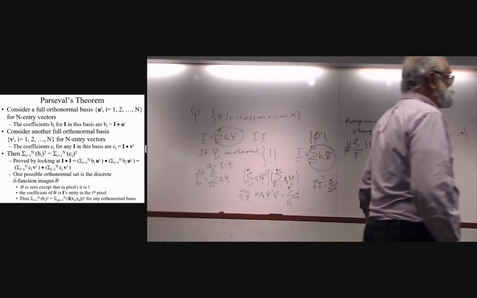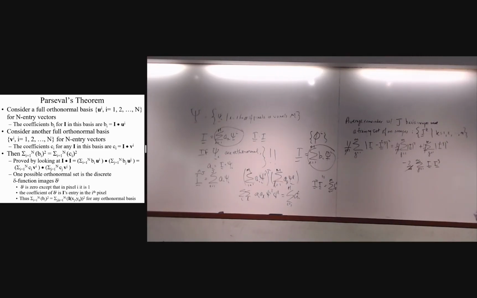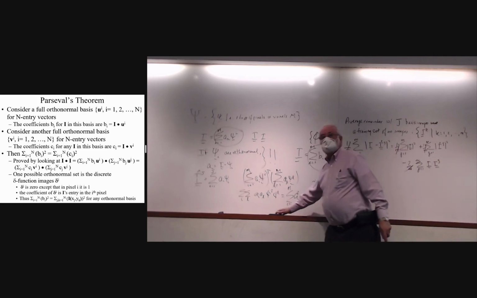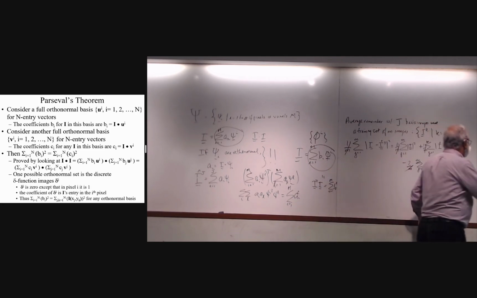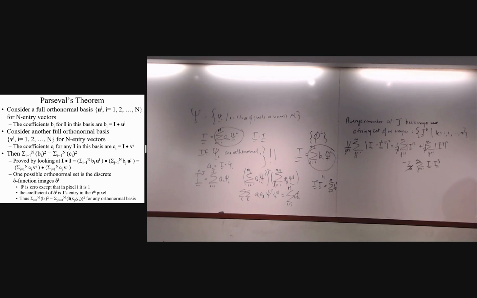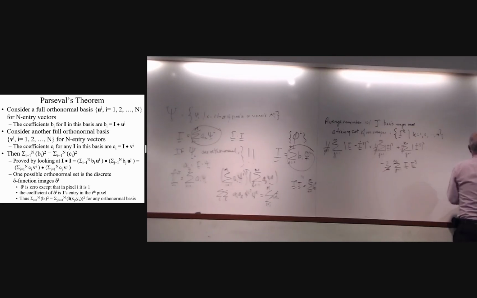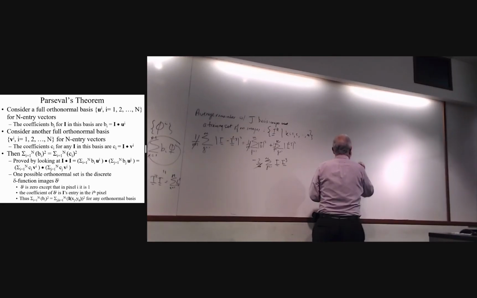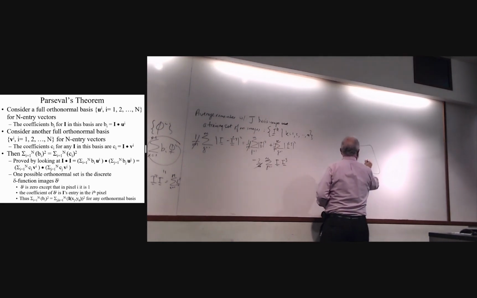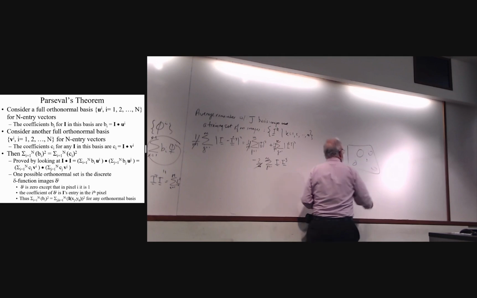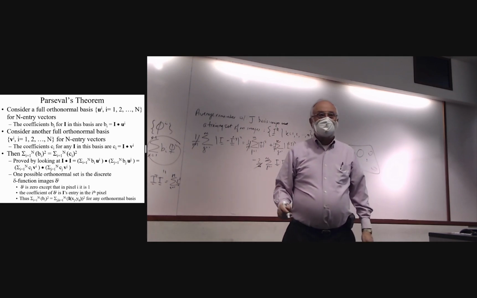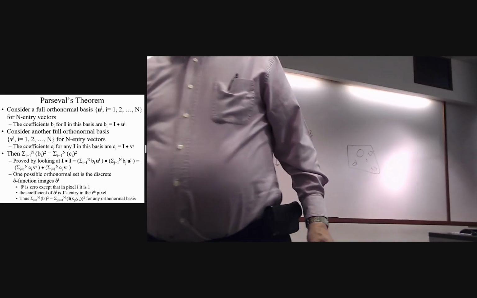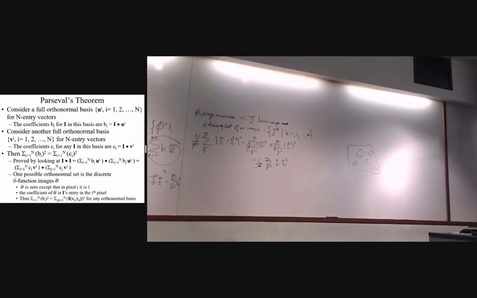Well, in particular, notice that one particular basis set that is orthonormal is the delta images. Those are the images that have a 1 in one place and 0 everywhere else. Sure, they're orthonormal.